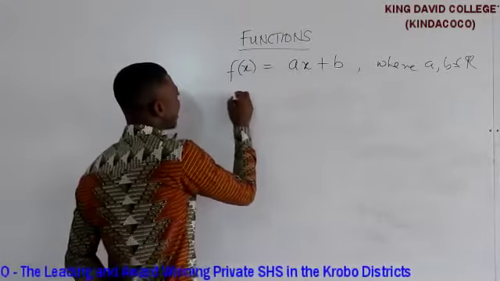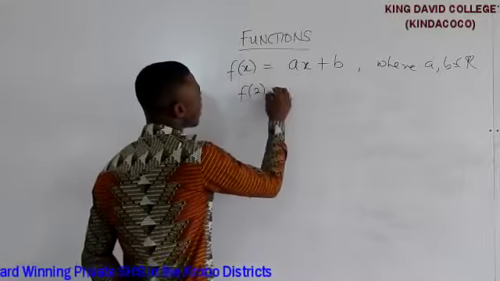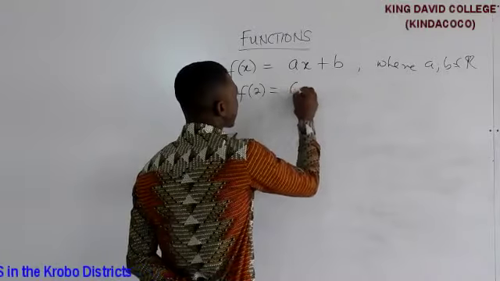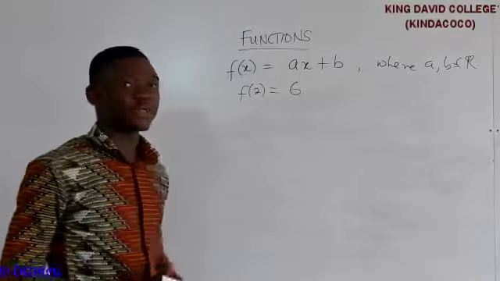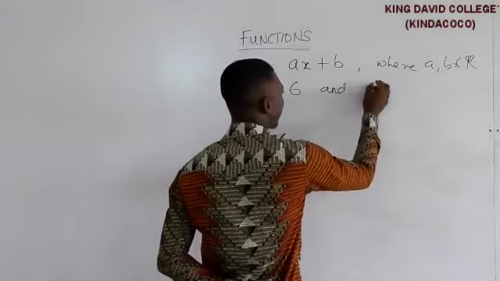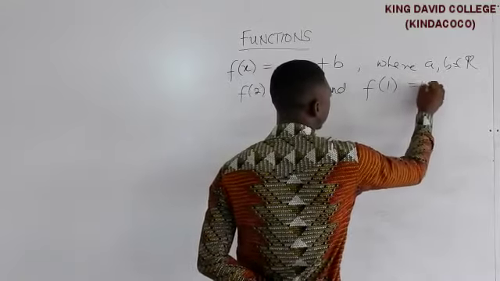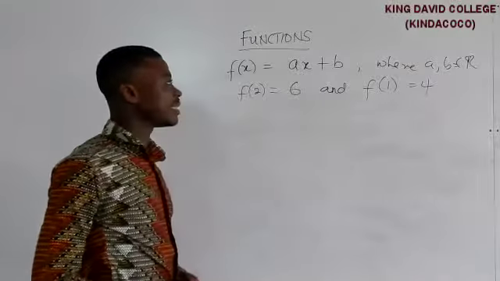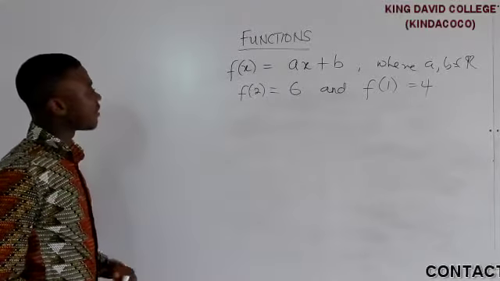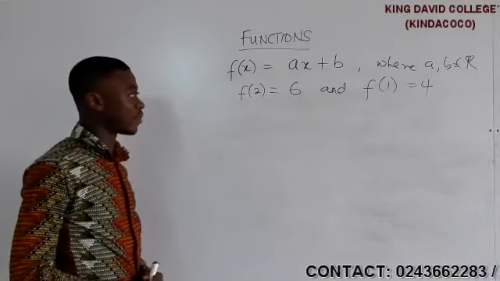Then f of 2 is 6, and f of 1 is 4. So they are giving you a function, where f of 2 is 6, and f of 1 is 4.